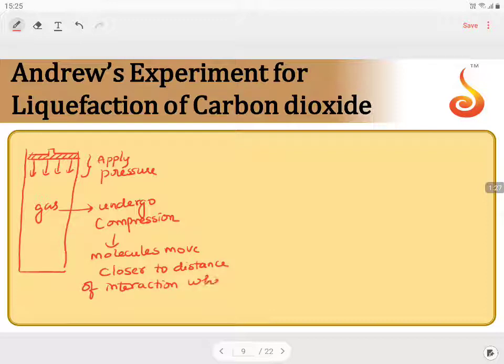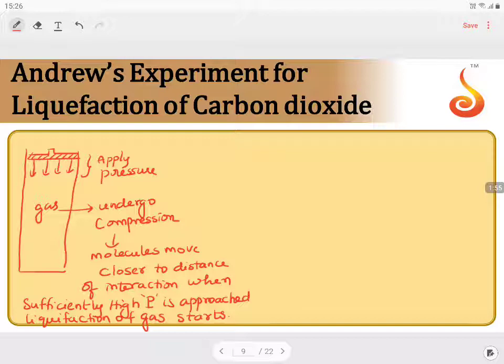When sufficiently high pressure is approached, liquefaction of gas starts.